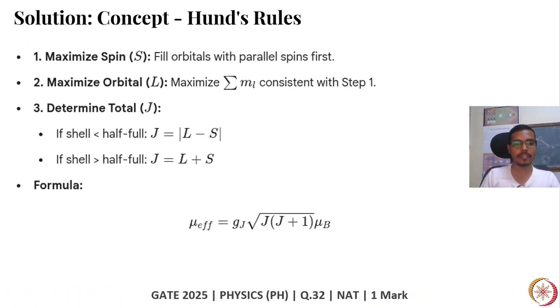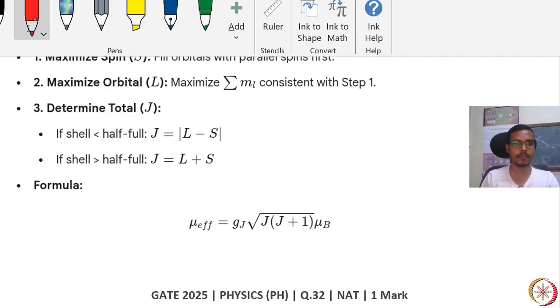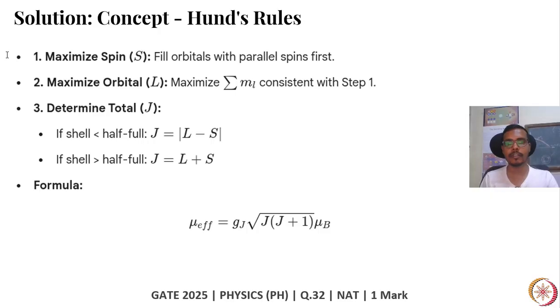So to solve this, we use the 3 Hund's rules. First, we maximize the total spin S. Second, we maximize the total orbital angular momentum L. And third, and most importantly for this particular problem, we calculate the total angular momentum J based on how full the shell is.